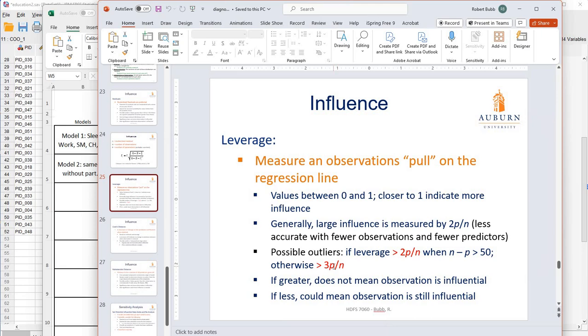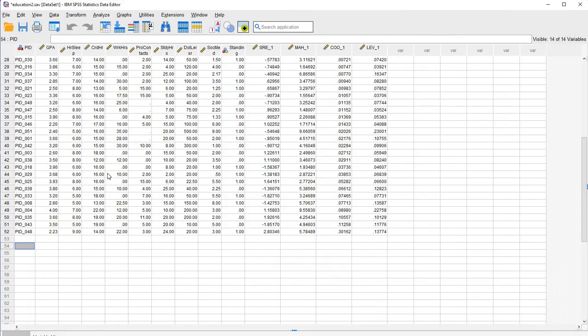So 3 times 4 predictors is 12. 12 divided by 43 observations, if you punch it in your calculator, gives us a cutoff of 0.279, or essentially 0.28. So if our leverage value is greater than 0.28, then that observation potentially could be influential and could be impacting our model results.